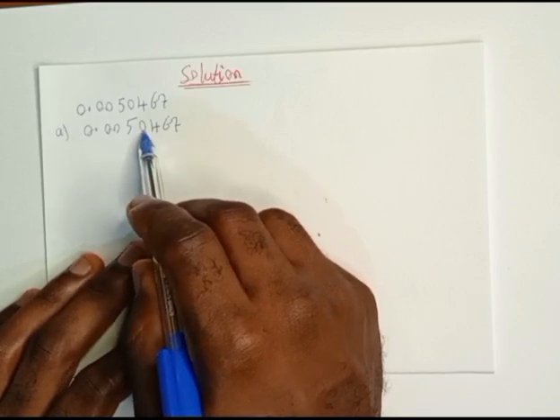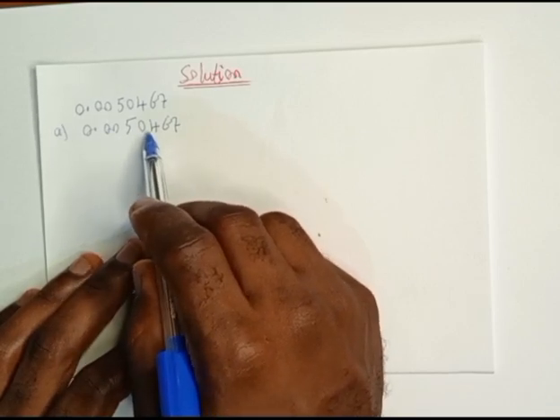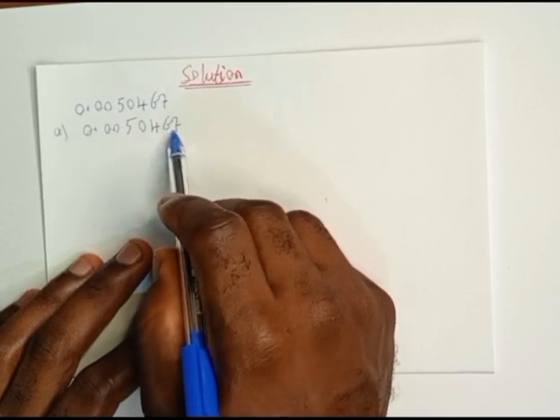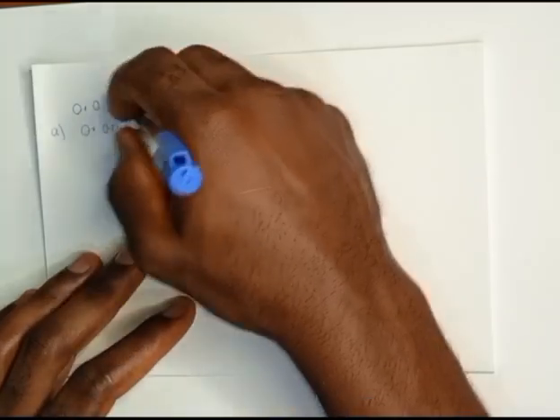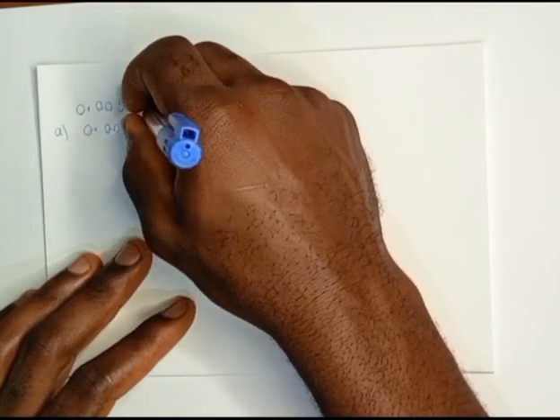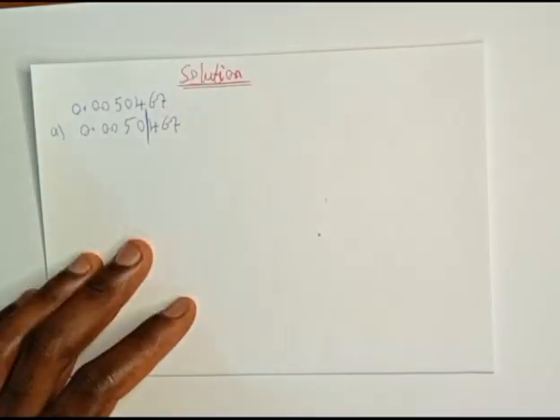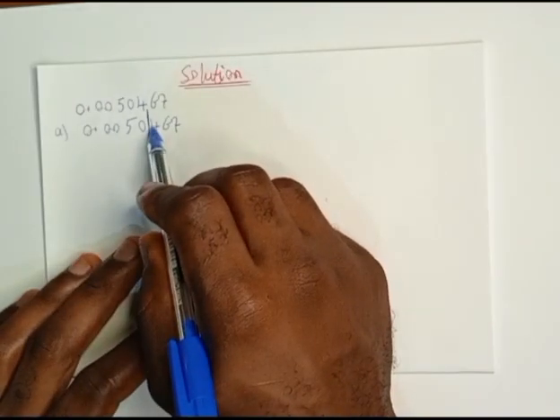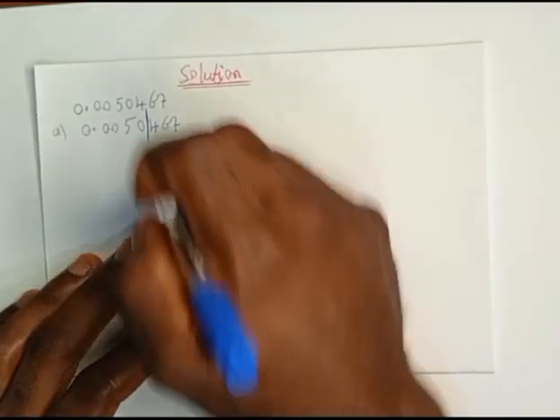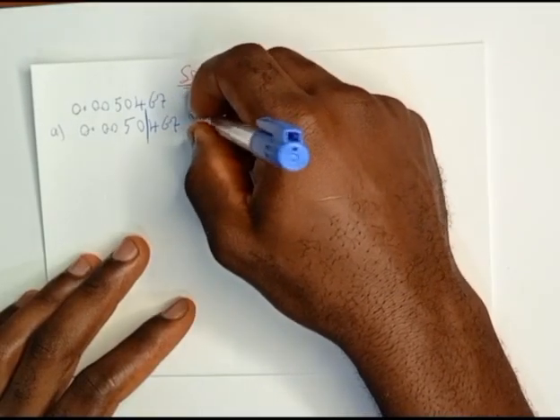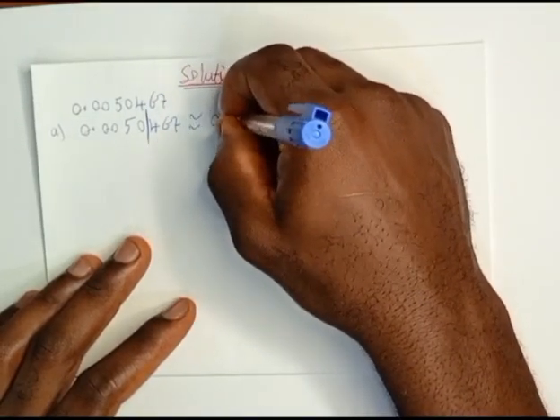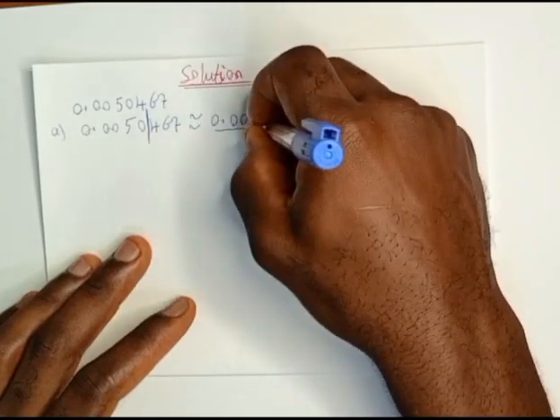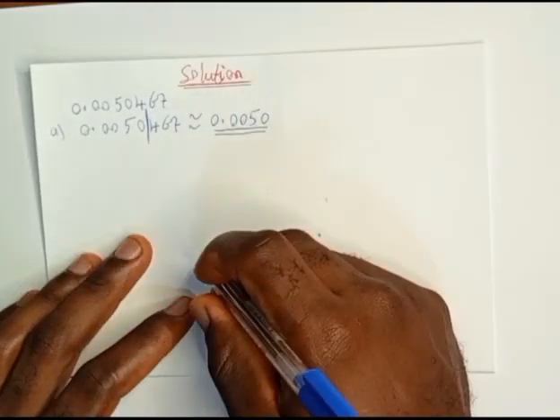This is a significant figure. This is the third, fourth, and fifth. Expressing this number to 2 significant figures simply means we have to round off between the second and the third significant figures. 4 is less than 5. It is rounded down to 0. This will be approximately 0.0050. So 2 significant figures.